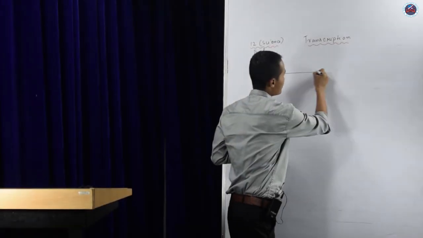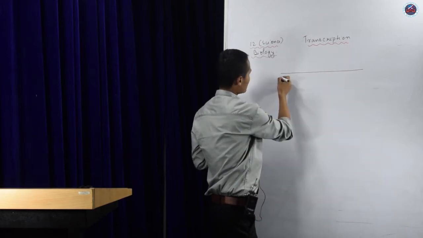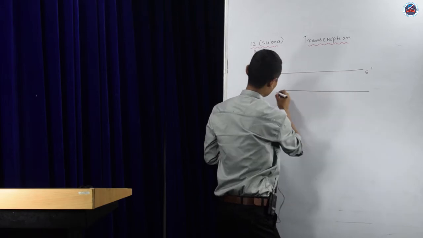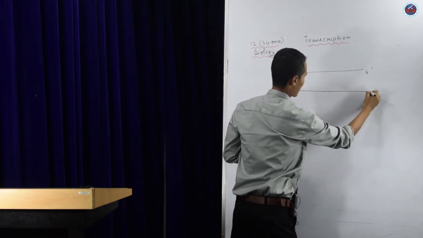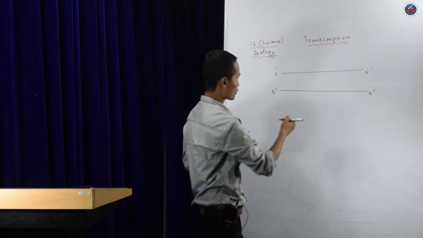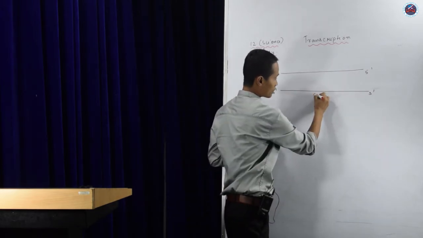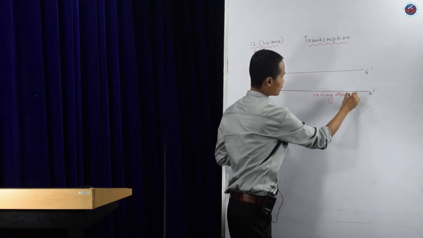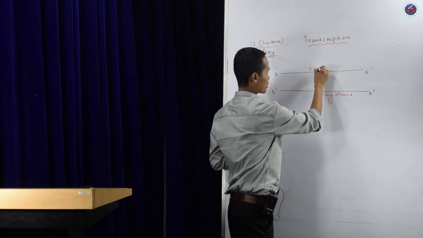To understand that, we have to know the structure of the transcriptional unit. This is our transcriptional unit. Say this strand is 3' to 5', and this is 5' to 3'. So this is double stranded. You know that the 5' to 3' strand is your coding strand, and this is your template strand.